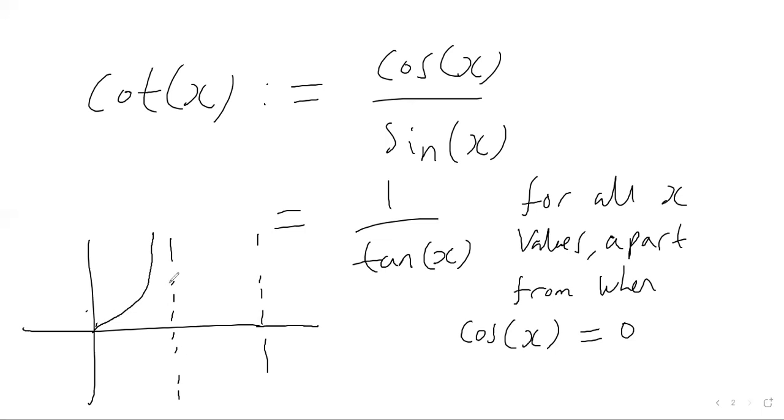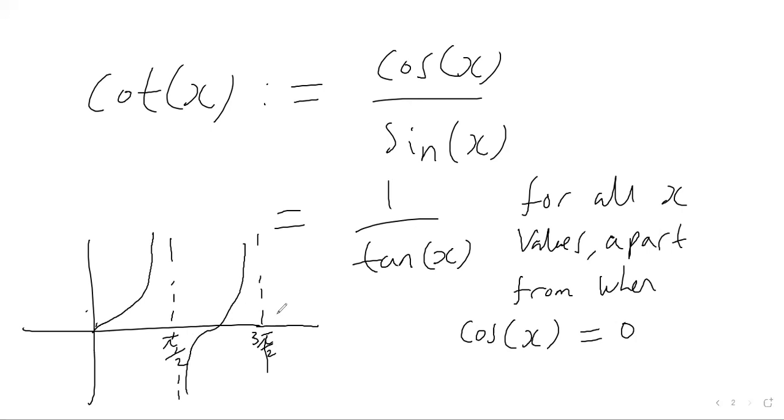Well, when we divide 1 by the tan of x function at these positions of the asymptotes, at pi over 2, 3 pi over 2, and so on, the problem we get is that we can't do 1 divided by an undefined value. So therefore, 1 over tan of x is undefined at these points.